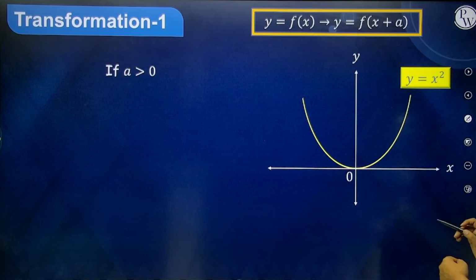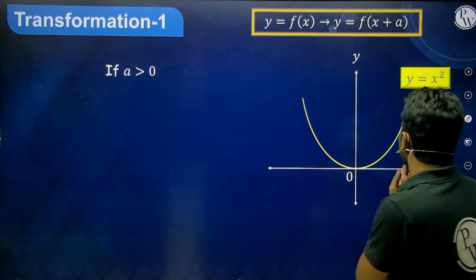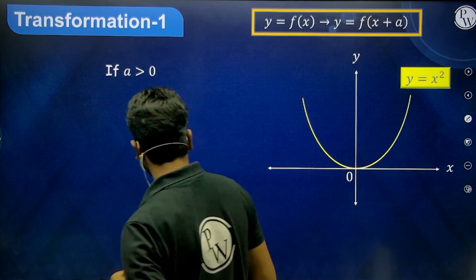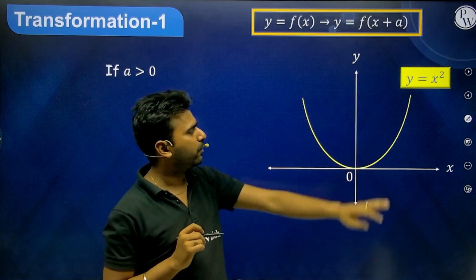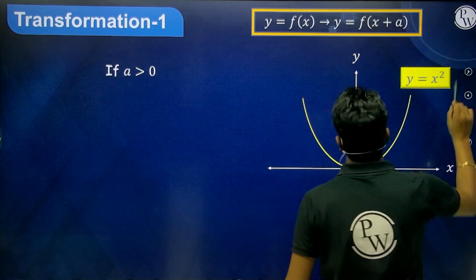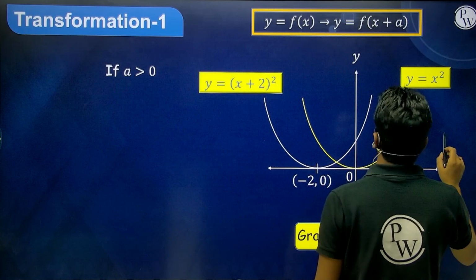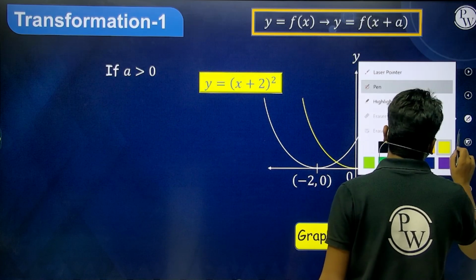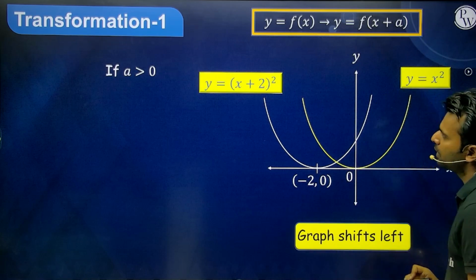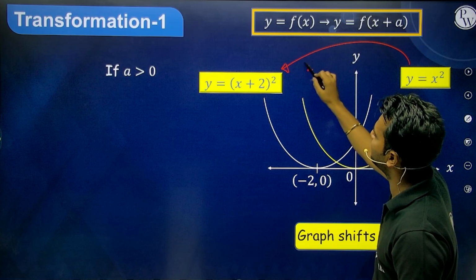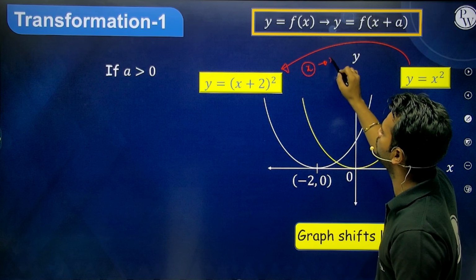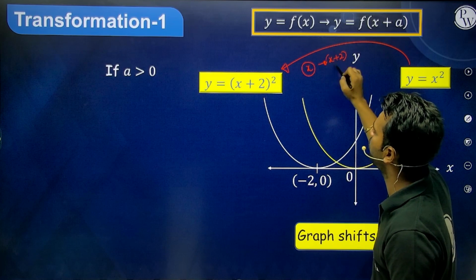Now let's try to understand this. Let's say this is the graph of y equal to x square. And I want to draw the graph of y equal to (x plus 2) whole square. So ultimately, if I go from here to here, what am I doing? I'm replacing x with x plus 2. Yes or no, kids?